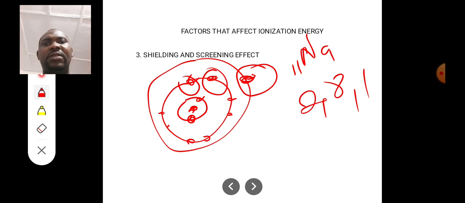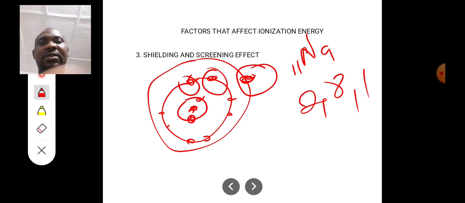Because as you go down the group, the atomic size, the number of shells, keeps increasing. And as the number of shells keeps increasing, the inner electrons are shielding the outer electrons from the effect of the nucleus. They are making sure that the nucleus is not really affecting the outermost shell. So that is another reason.